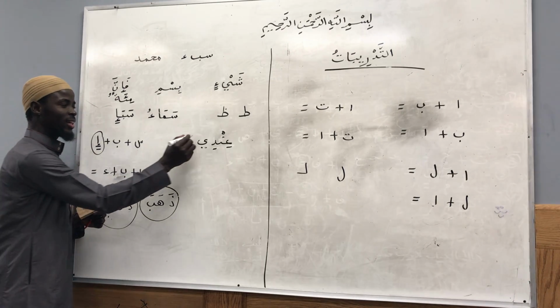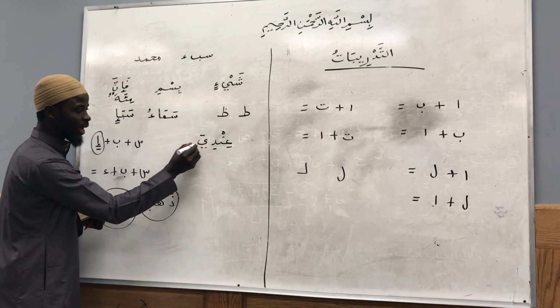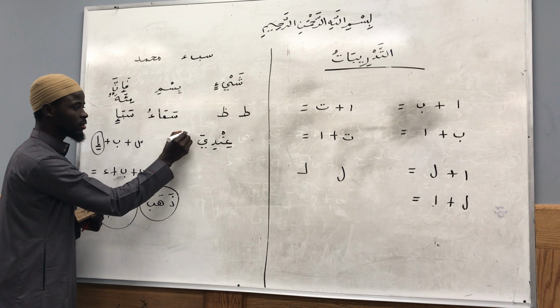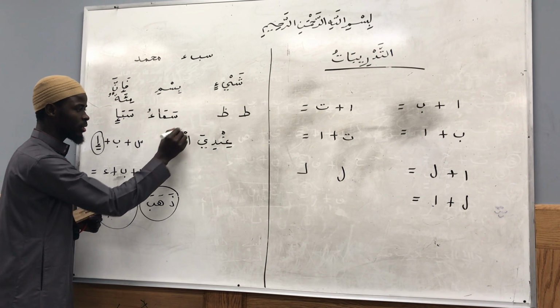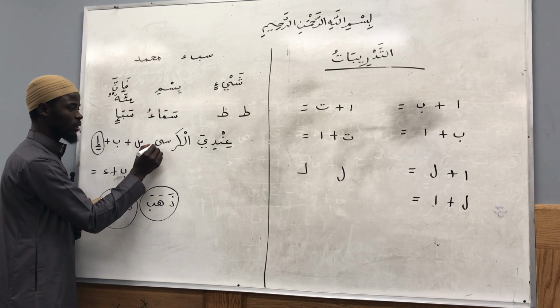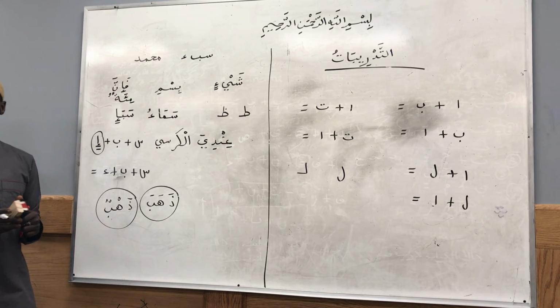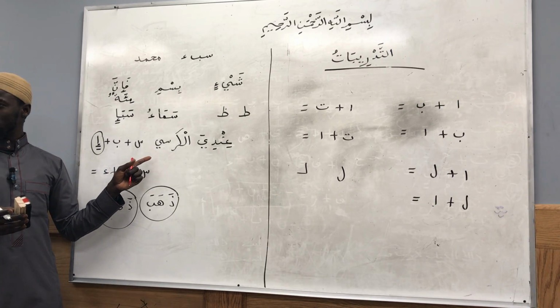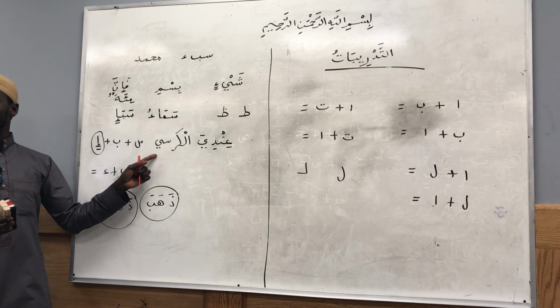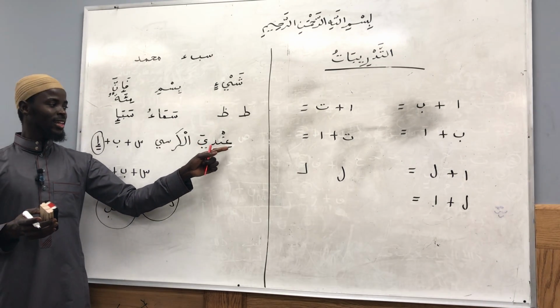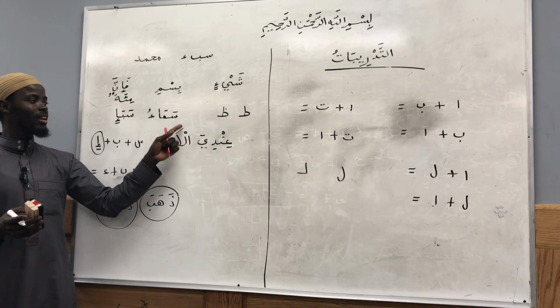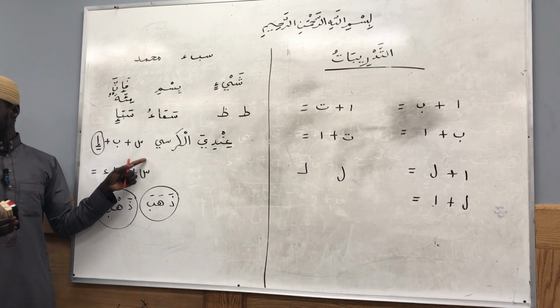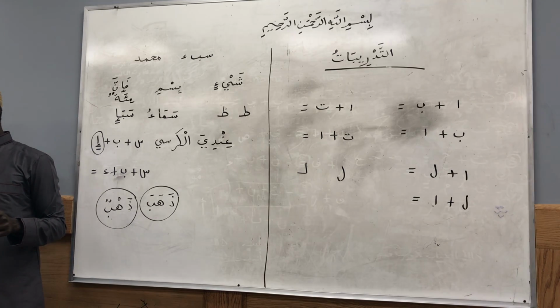Whenever you have india, and then any word, let's say kursi, al-kursi. If I want to combine indi and india with al-kursi, I'm going to read it indiyal kursiyu. I have the chair with me.